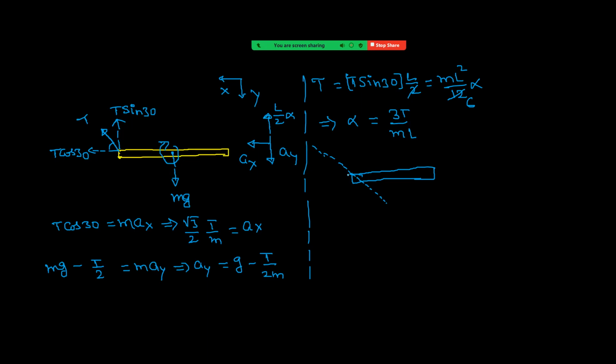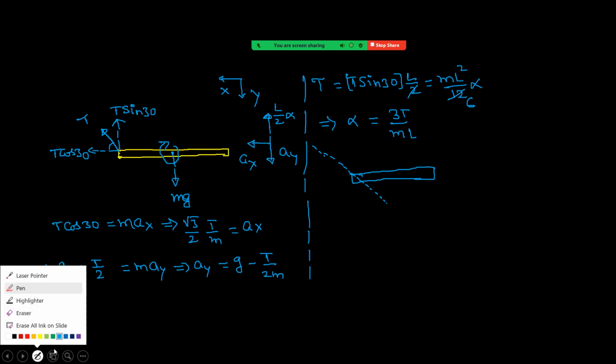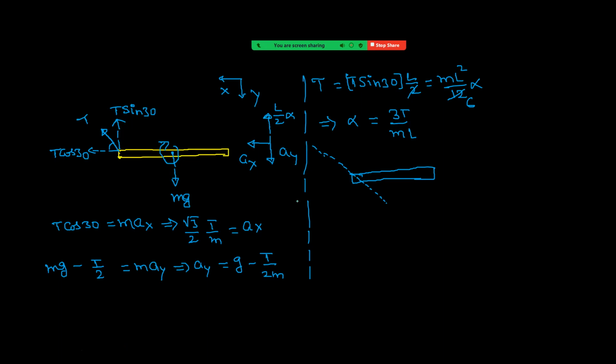Right, now taking components here. AX, this angle is 30, so it is AX cos 30. AY is downwards, and this angle is 60, so it is AY cos 60.